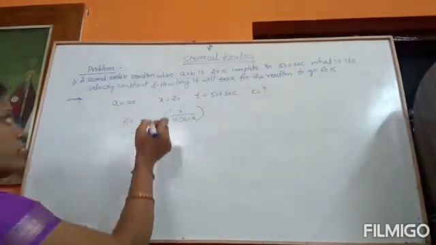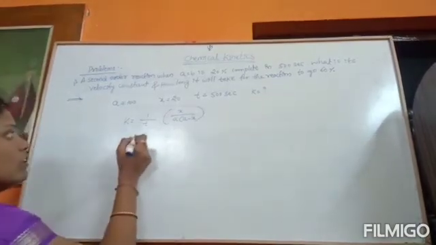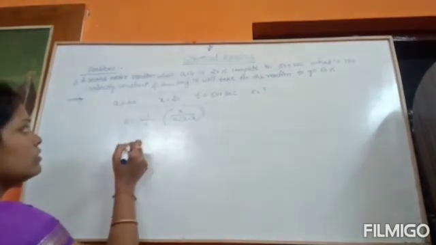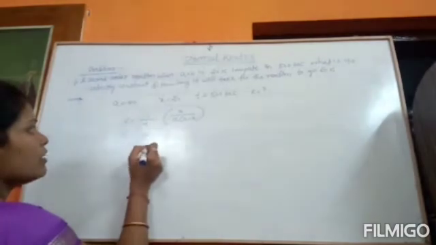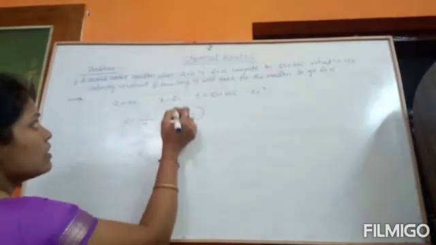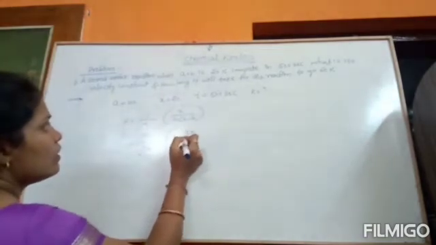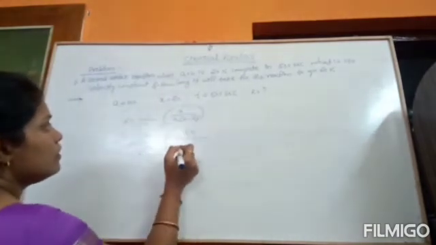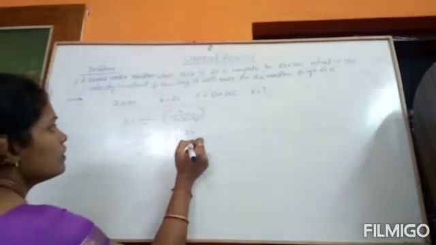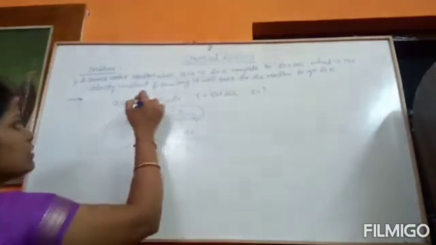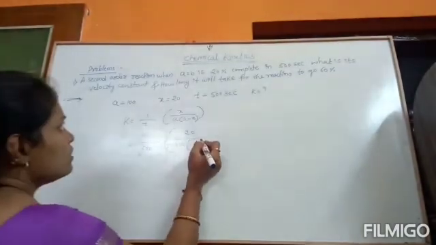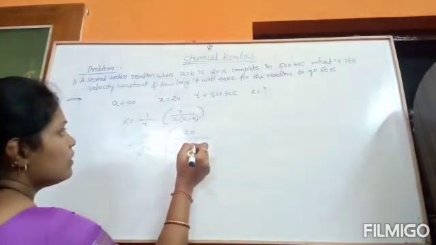Put the values in the equation: 1 divided by 500, x is 20 and a is 100. a minus x, 100 minus 20, that is 80.